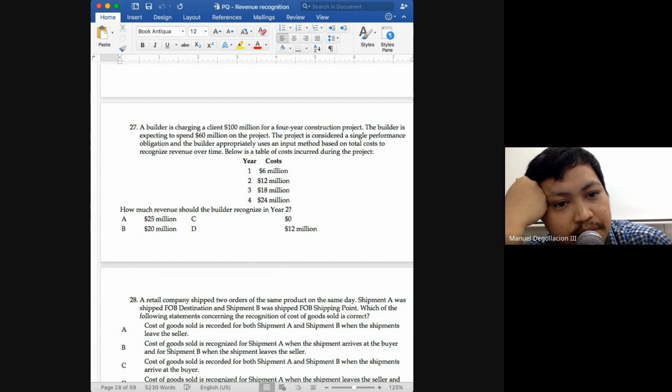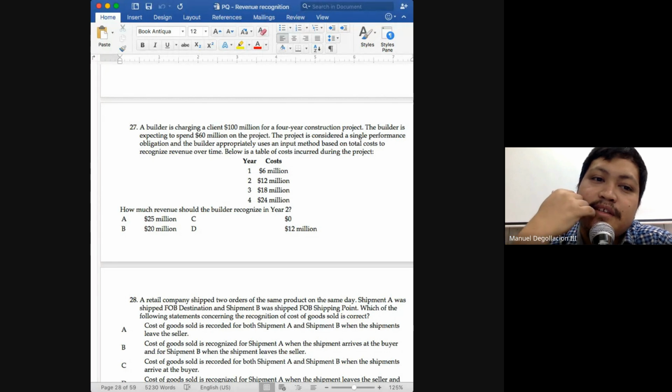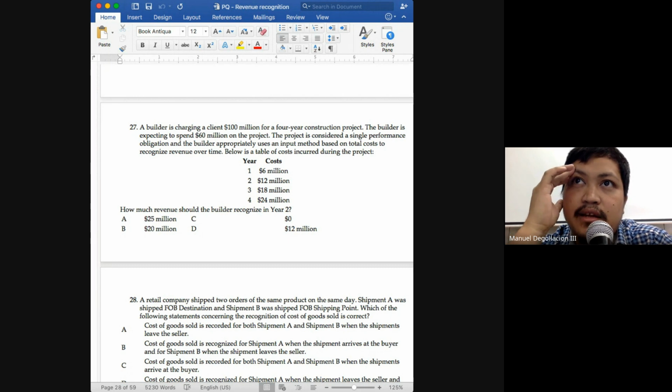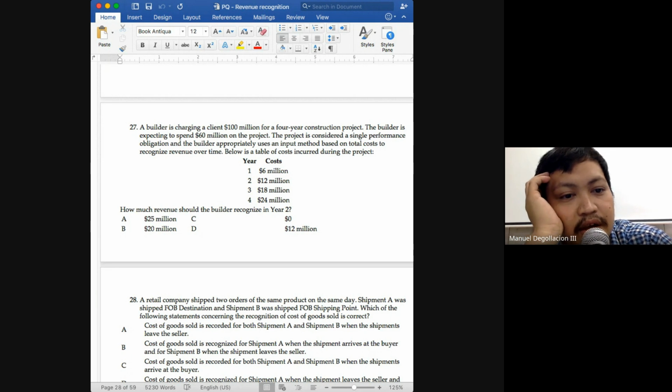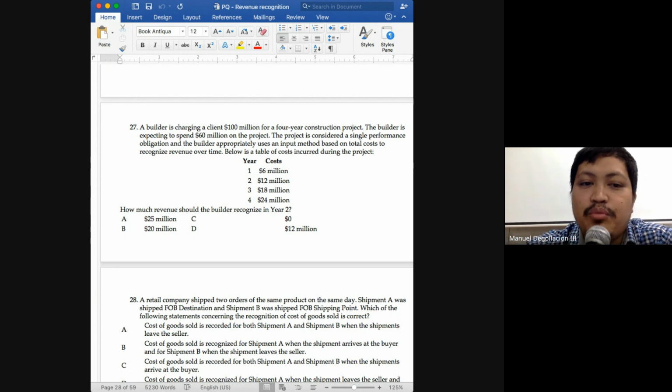Divided by total estimated cost of 60, that will give you how much? 18 divided by 60, is that 30%? Okay, 30%. You multiply that with your 100 million, that would give you your cumulative revenue.